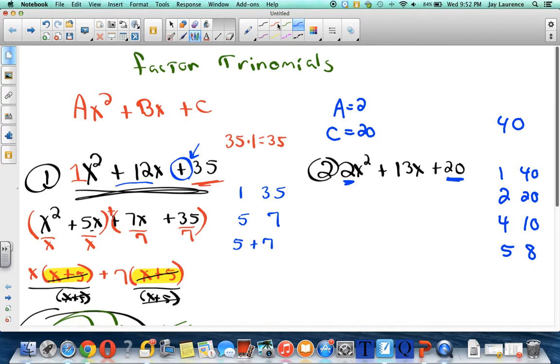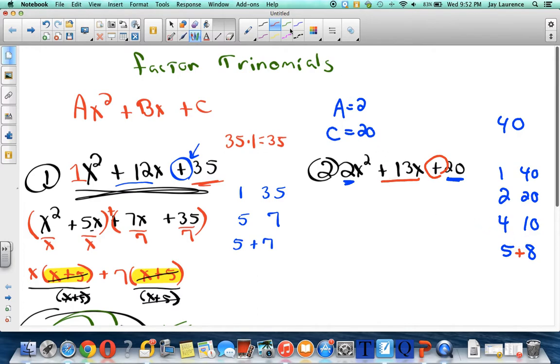I need 2 factors of 40 that add, see how it's positive there? I'm going to add to get positive 13. Well, 1 plus 40 is not 13. 2 plus 20 is not 13. 4 plus 10 isn't 13. It's close, but 5 plus 8 is 13.